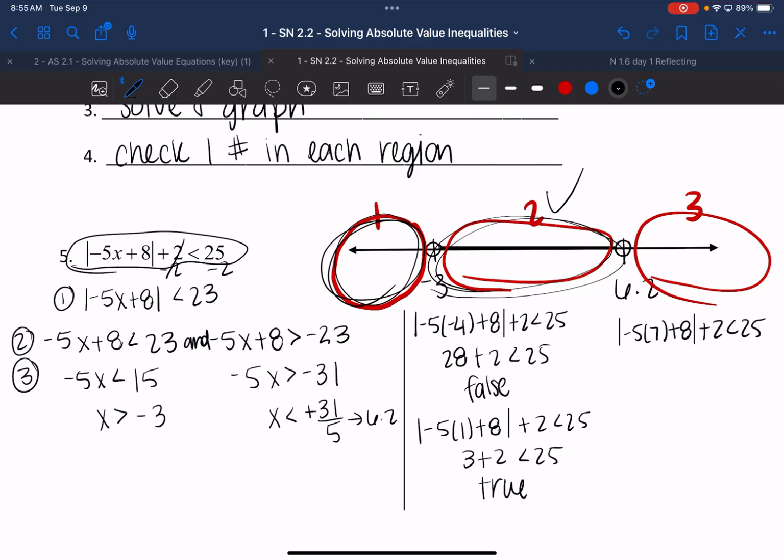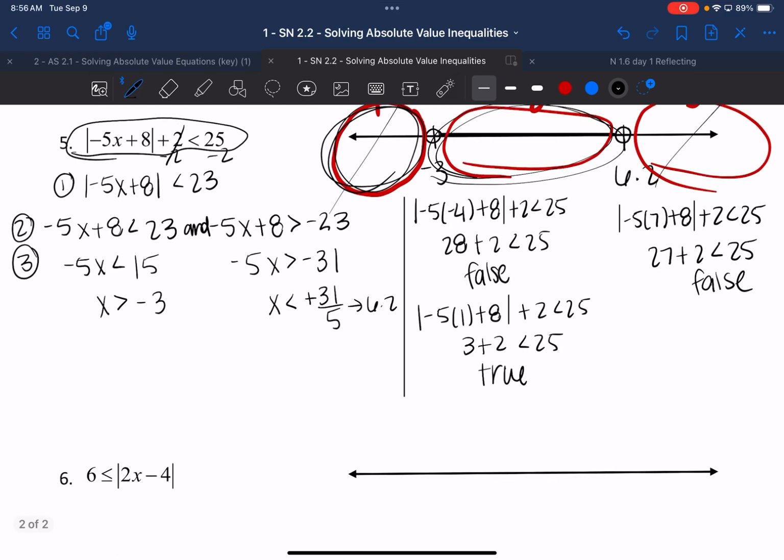Negative 35 plus 8 would be negative 27, and what's the absolute value of negative 27? 27. Okay, so this just became 27 plus 2 is less than 25. Is that true? No. Which again makes sense because we said that this part and this part were not part of our solution, right? Okay?